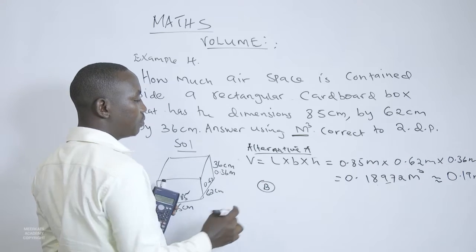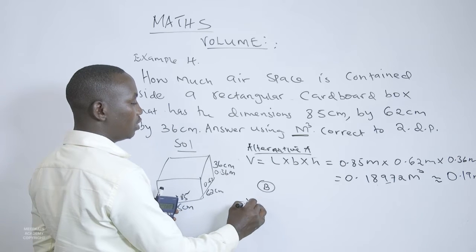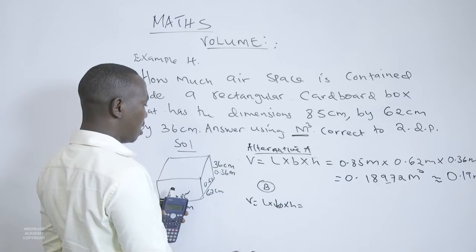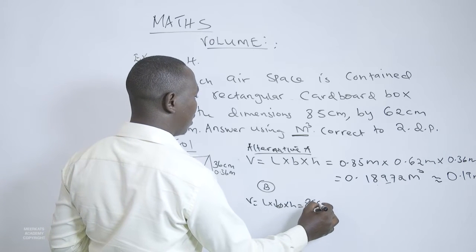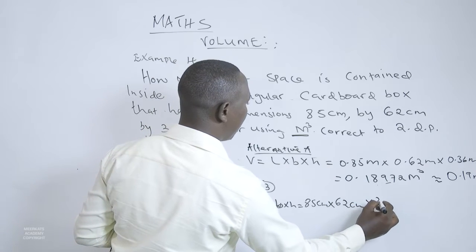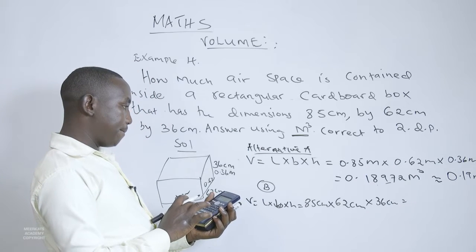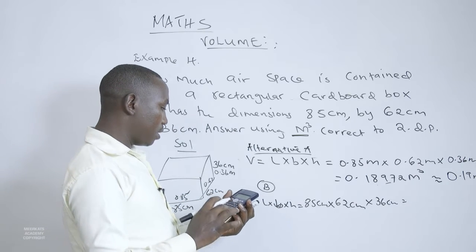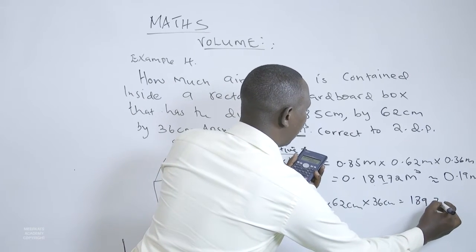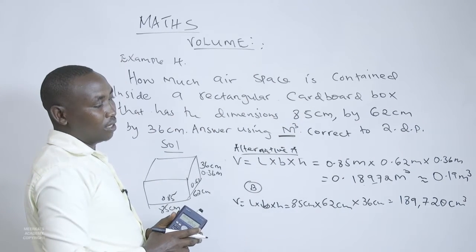Alternative B will be to work out using the centimeters as they are. So volume will be given by length times the breadth multiplied by the height, which in this case shall be 85 centimeters multiplied by 62 centimeters multiplied by 36 centimeters, which will give us 189,720 cubic centimeters.